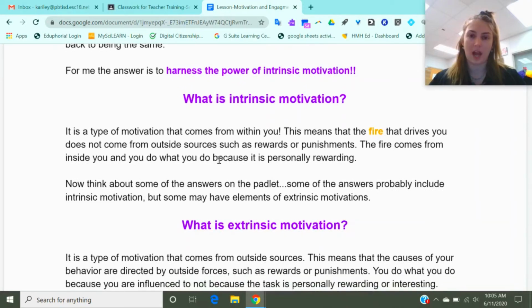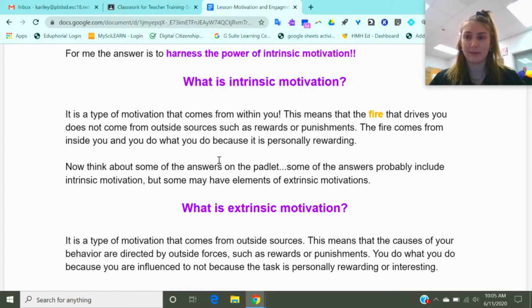So this type of motivation is the one that comes from inside of you. So that means that whatever is driving you, that fire that you feel, isn't coming from any sort of outside sources. You're not being influenced by rewards or punishments. You are doing what you are doing because you find it personally rewarding.